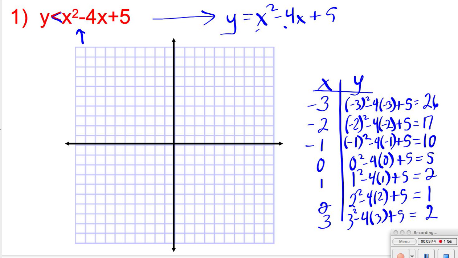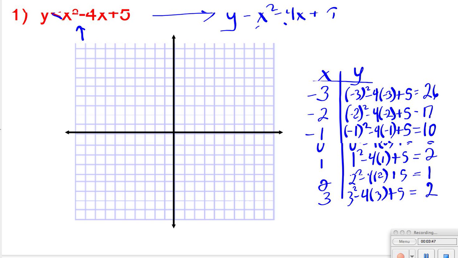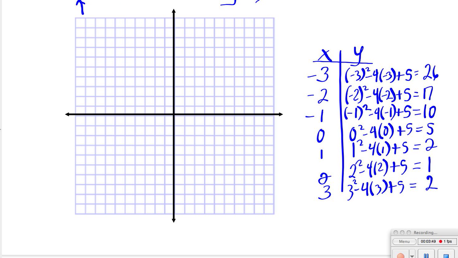Then 3 squared: 9 minus 12 plus 5 is 2. Looks like, if you look at your points, the numbers were going down, and now they're starting to go back up. So that means my pattern will continue, and I'll repeat. This is actually the vertex of my line right here. 2, 1 is actually my vertex.